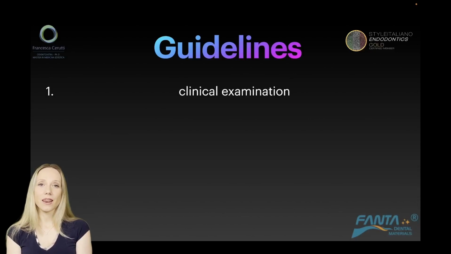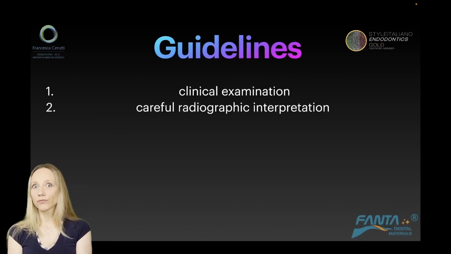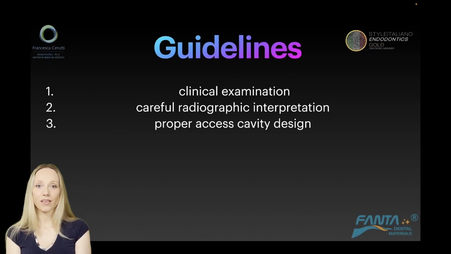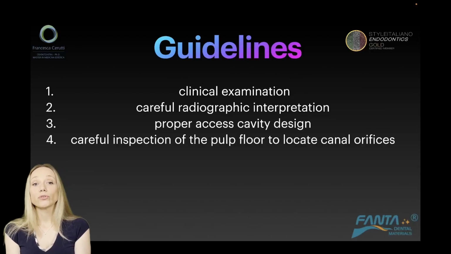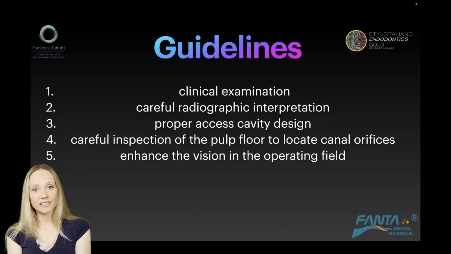First, clinical examination. Even before taking an X-ray, look at the tooth and try to find out if there is something strange. Second, try to read the X-ray as carefully as you can. Third, do a proper access cavity, because if you don't do the access cavity in the right way, we are going to miss everything. Fourth, try to inspect the pulp chamber floor to locate the canal orifices.